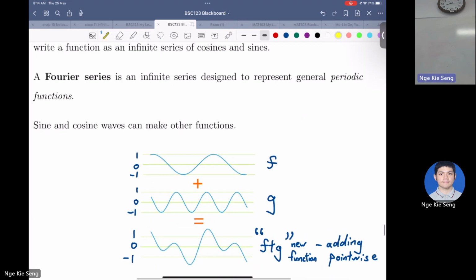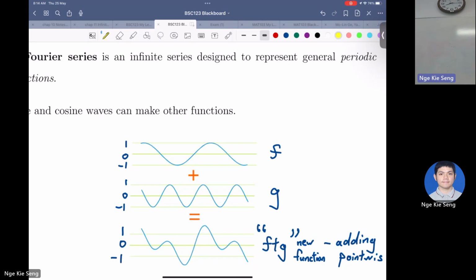So see, if I combine these two functions, right, f and g, okay. So let's say the three green lines, right, represent 1, 0, and -1. So when you add up, they get a different sum, okay, at every place. So for example, if you look at this line, this x here, right? Okay. So here you get 1, okay. Here you get something 0.5. Okay. So if you add these two functions together at this point, what do you get? 1.5, right?